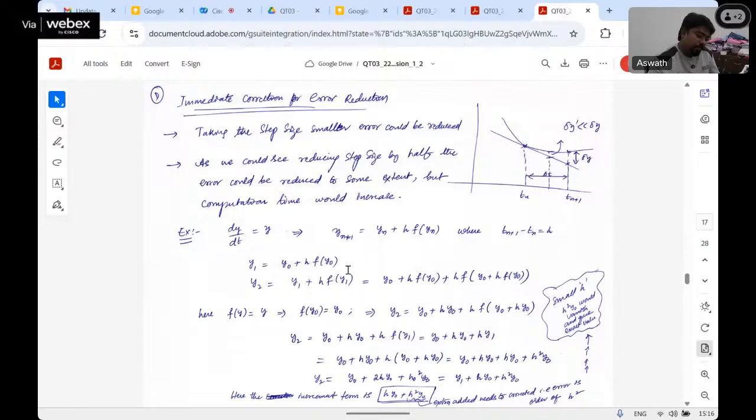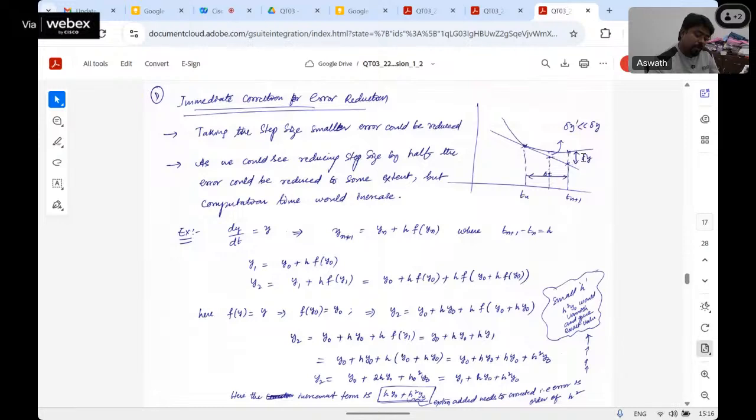If you take y2 in terms of y naught, the very initial value, you see an h square y naught term. But as per the Euler method, y2 is y naught plus the overall step size from y0 to y2, which is 2h, multiplied by the old value as per the derivative function. But there is an extra thing being added, and because of that there is an error.